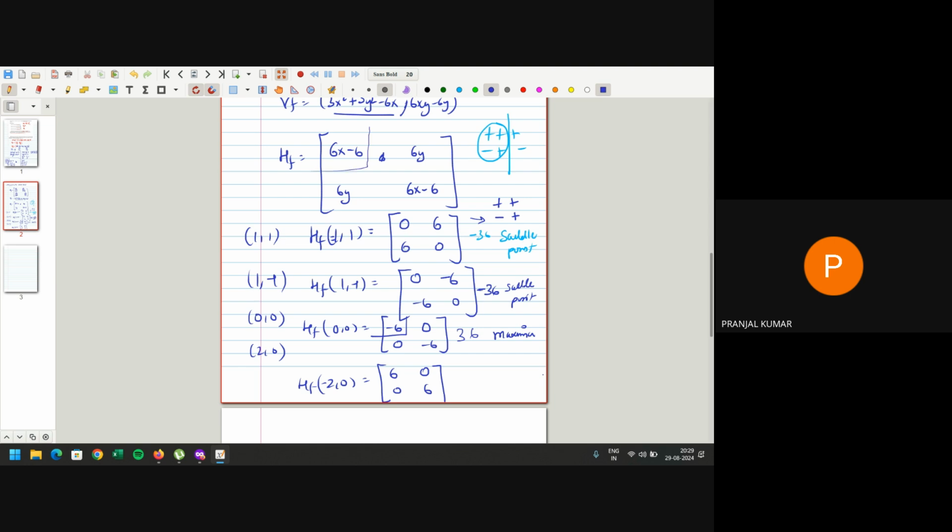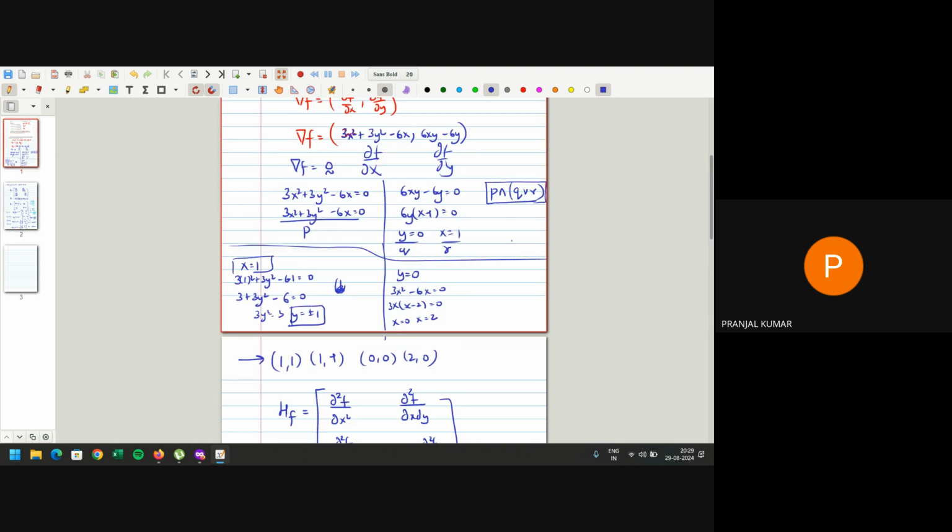First is this element. Second is the Hessian matrix itself. So plus or minus is the sign of the first, then the sign of the second, and so on. Here the determinant is 36 and the first determinant is positive, so this is minimum. So you have got your answers.